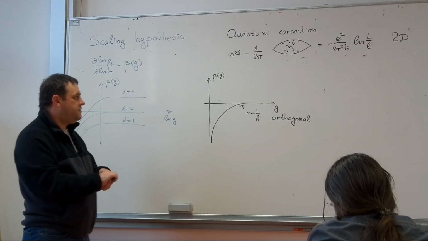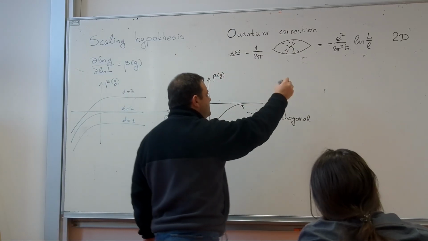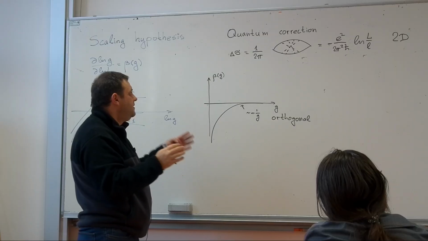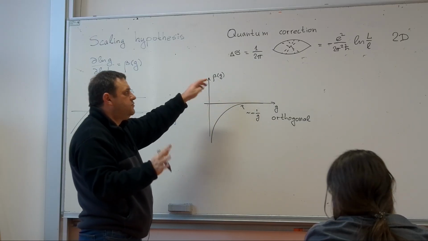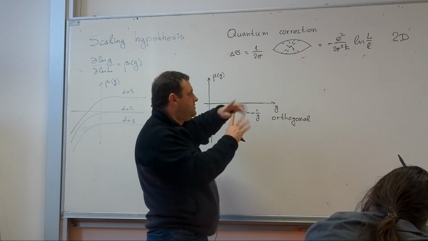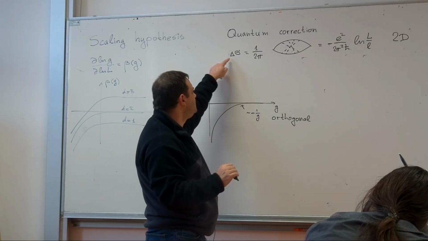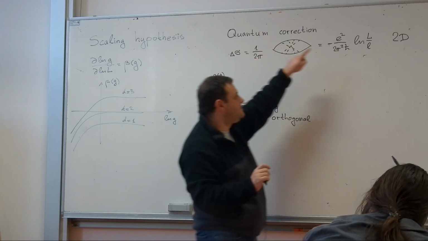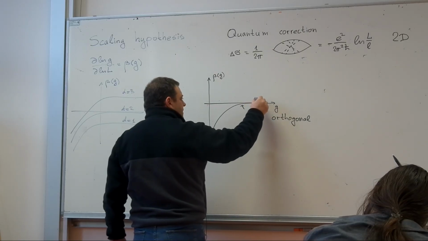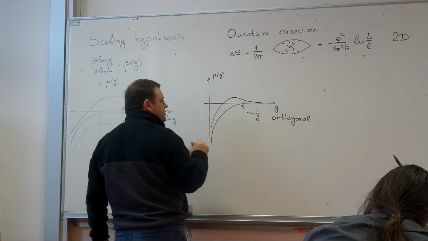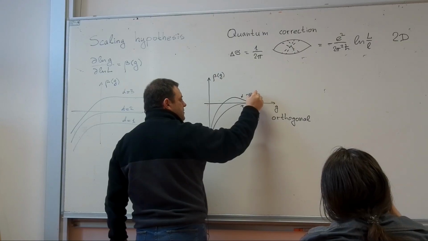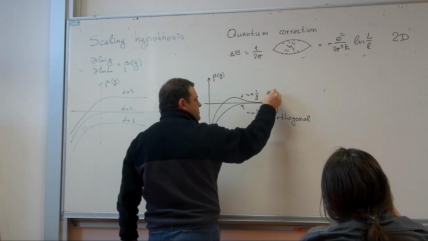Then was another example, the same two-dimensional system, but with strong spin-orbit coupling. We didn't do any calculations explicitly, but we just counted how many spin projections there are, and we concluded that the correction is the same, but with an opposite sign, with plus. And there is an alternative curve that here goes like plus 1 over g, and this case is called symplectic.